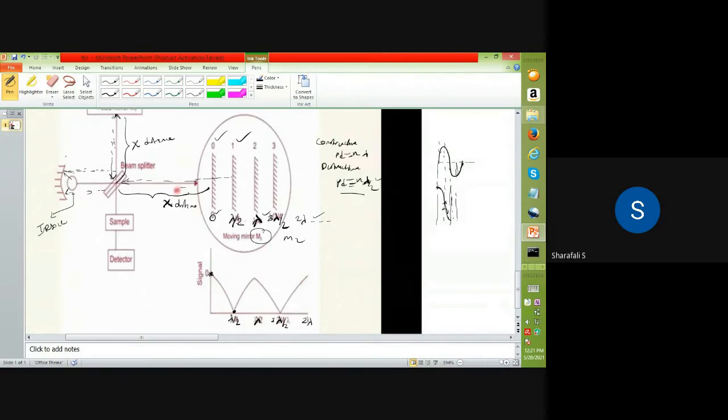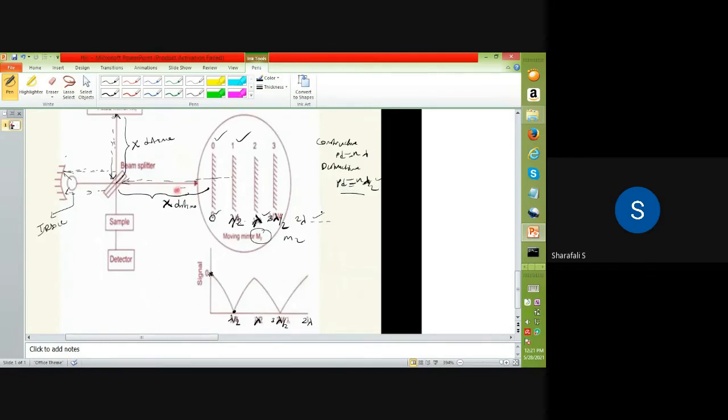Actually, they should cancel, because there will be a lambda by 2 phase difference, and then we will get the destructive interference with the minimum intensity.